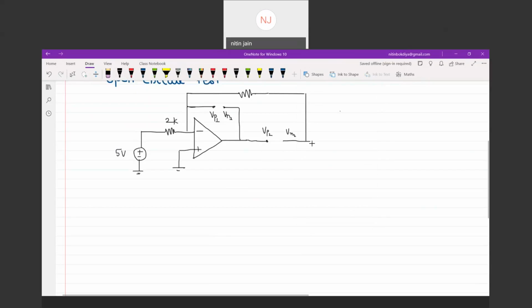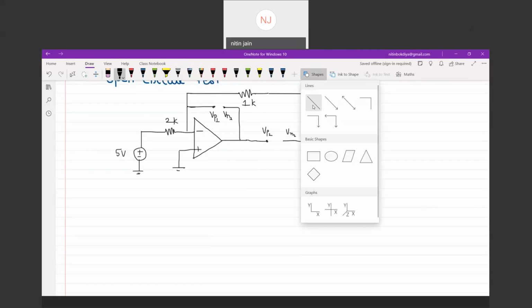This resistance is R, V out. This is our total circuit, in which we are having three resistances. One resistance is connected throughout. This resistance is 1K. And we are having one more resistance.